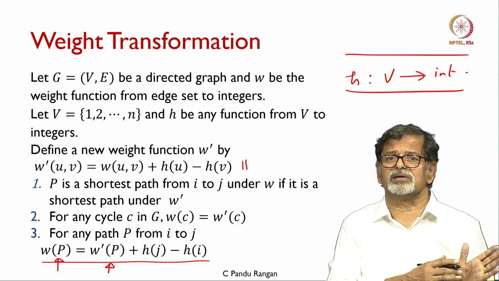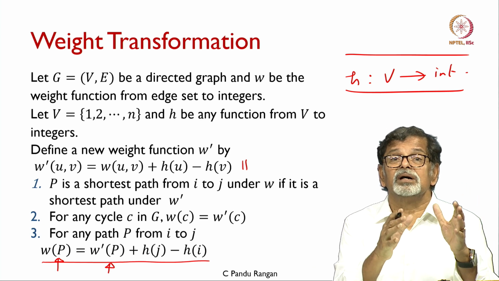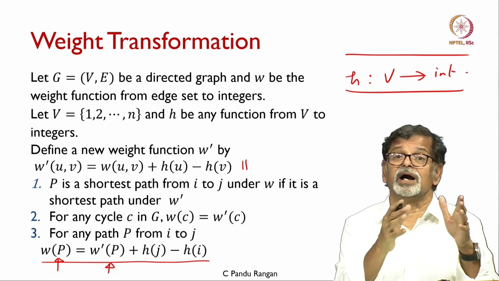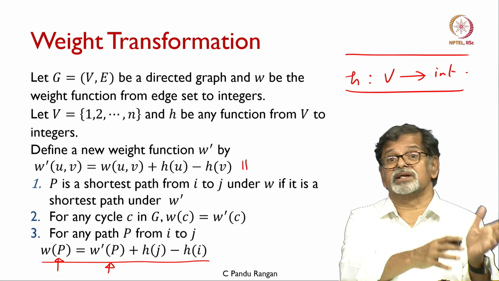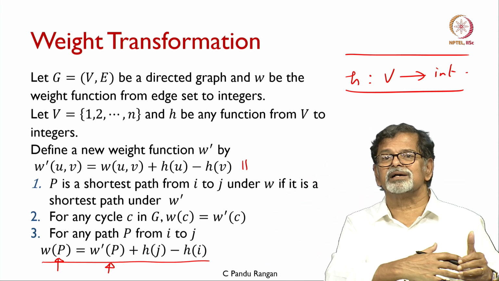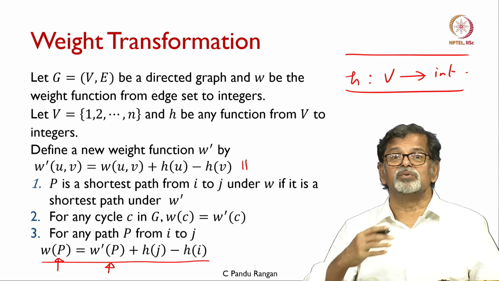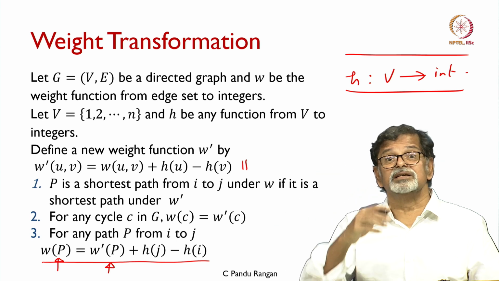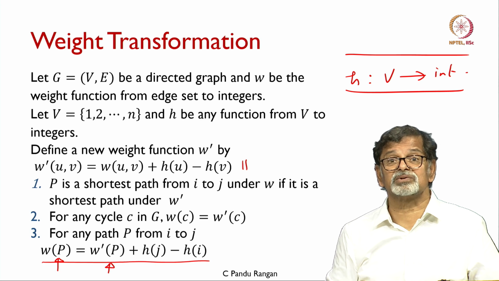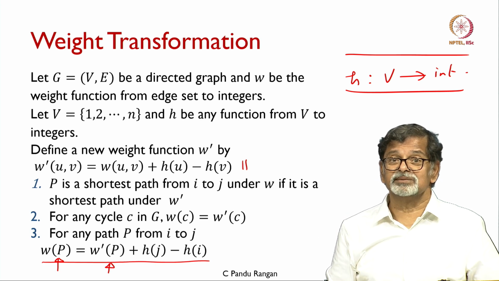We get the weights. Therefore, I am going to solve the problem of all pair shortest path under w by solving the problem under w dash and then come back with respect to w. This route I would take, and this is a much more efficient way to solve than directly working with w.